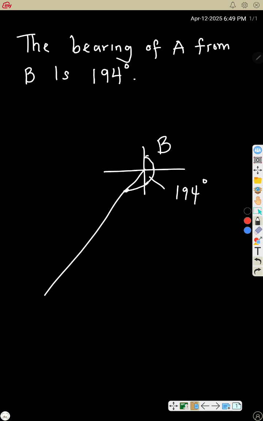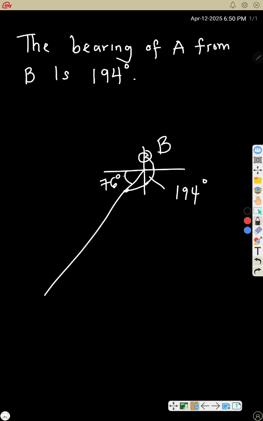So just say 270 minus 194. That means the remaining space here will be 76 degrees. That will give you 76, the remaining angle there.